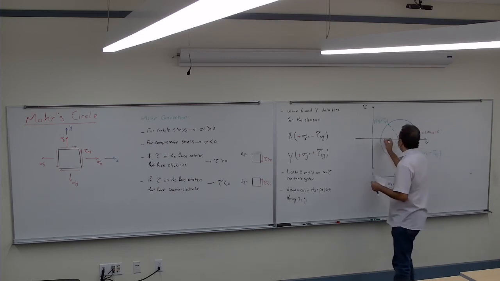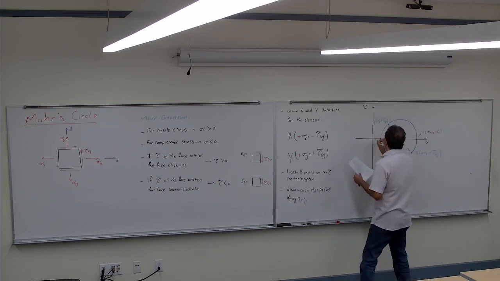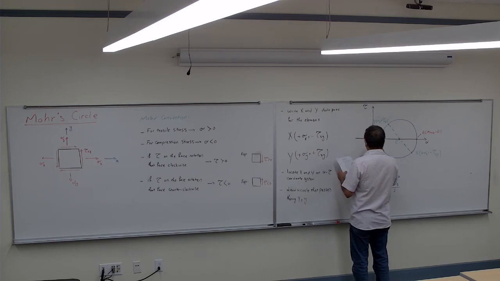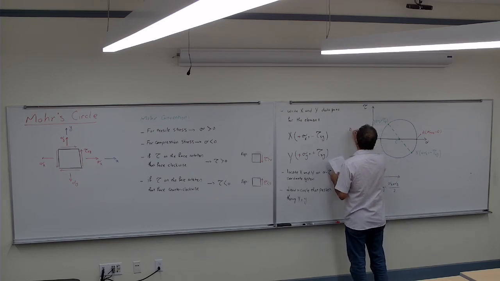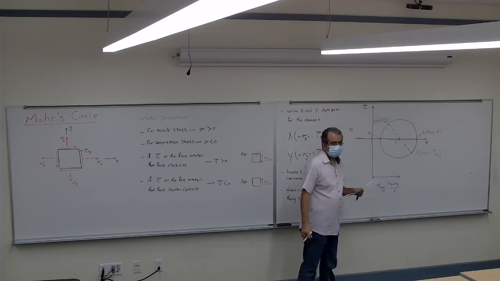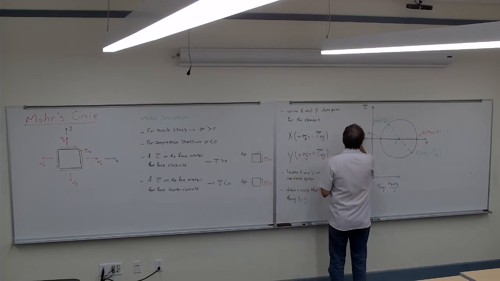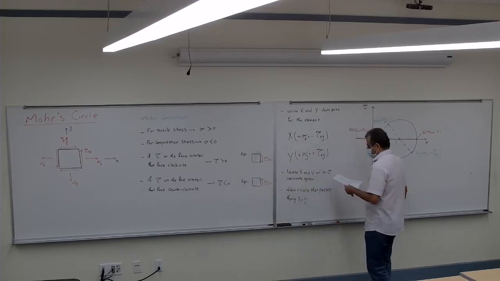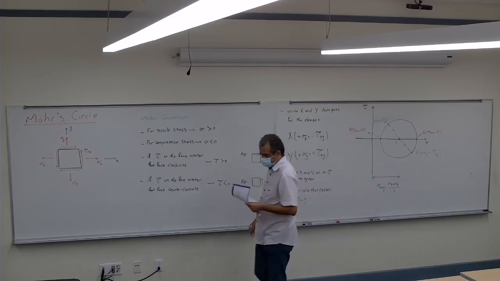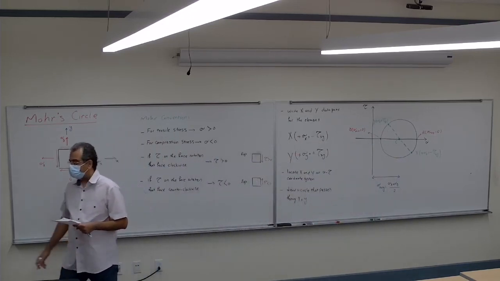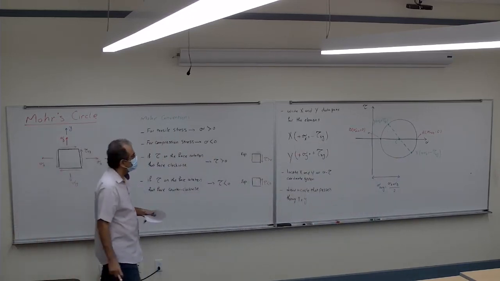What's the coordinate for the B? Sigma min and 0.